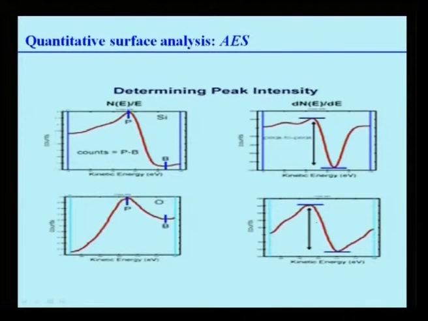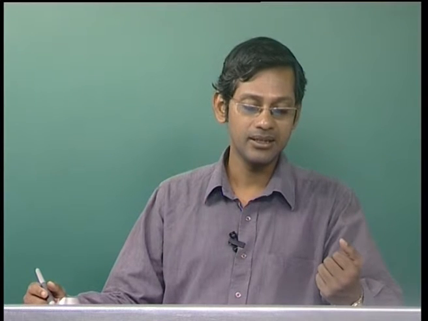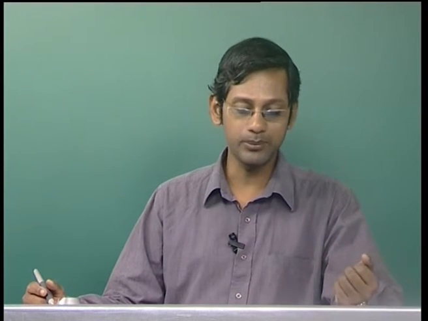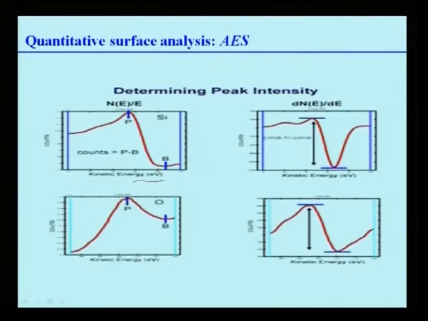Well, to determine the peak intensity is very important, because you want to calculate the area under the peak to know the actual intensity. So one has to be very careful in measuring the peak intensity. I am showing you some plots to make you understand how important that judgment is. This is the kinetic energy, this is the CPS, and this is the plot of silicon.